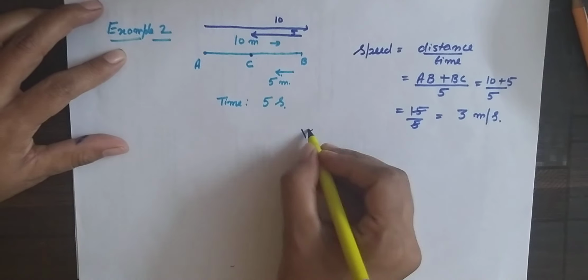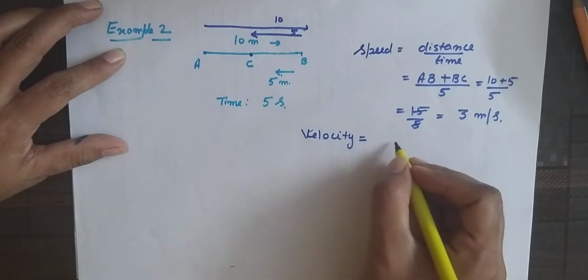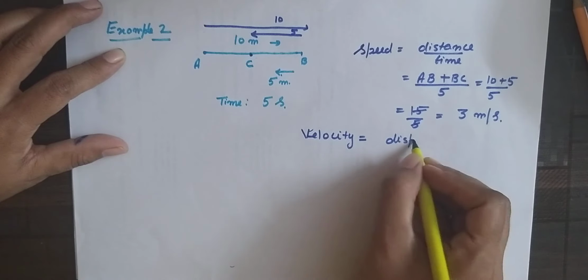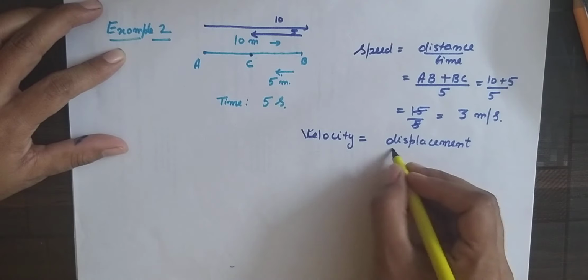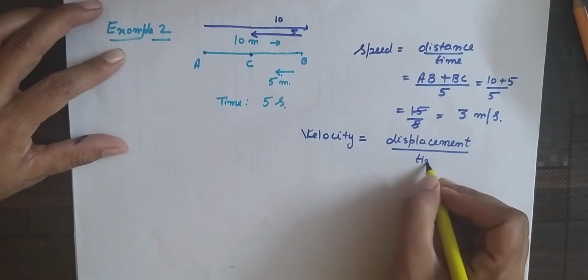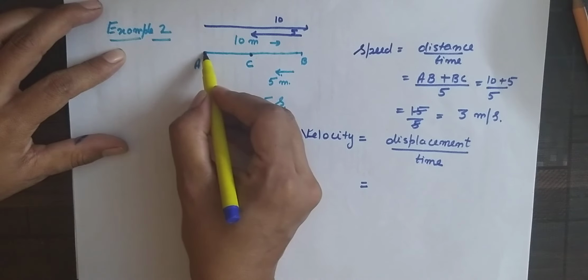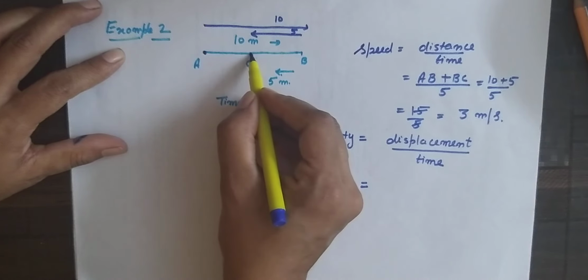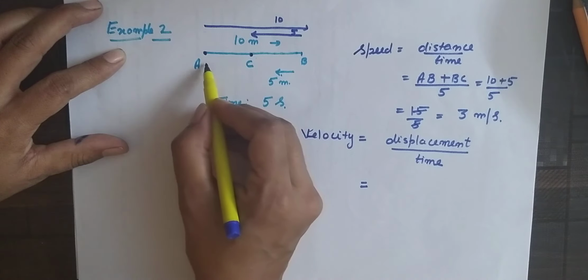If I have to calculate the velocity, the formula for this is displacement upon time. So what is the displacement here? A is the initial position, C is the final position. So the distance between initial and final is just this distance, right?